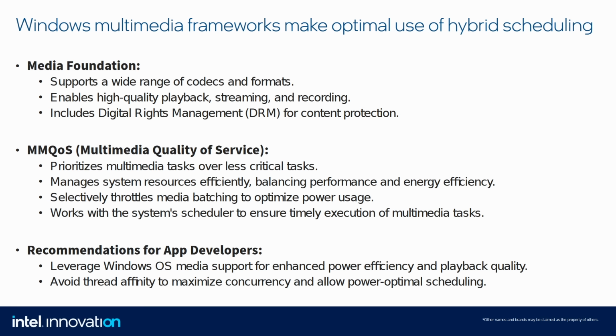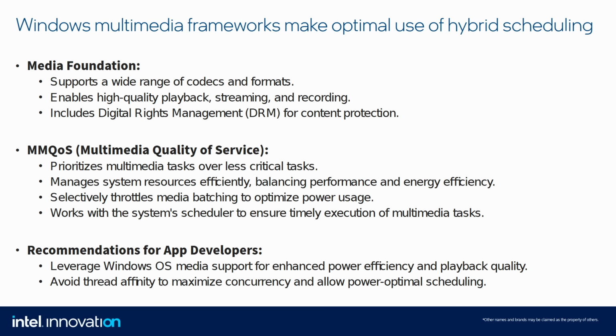Finally, let's discuss some recommendations for app developers. The general recommendation is to leverage the OS media support. This approach takes full advantage of various features designed to enhance both power efficiency and playback robustness and quality. By relying on the OS media support, developers can ensure their applications benefit from the latest optimizations and improvements.